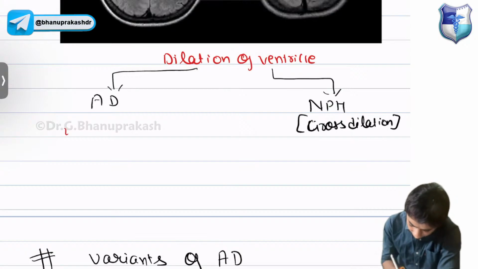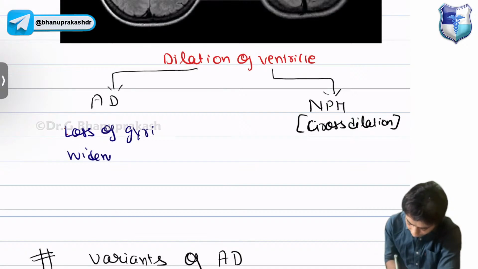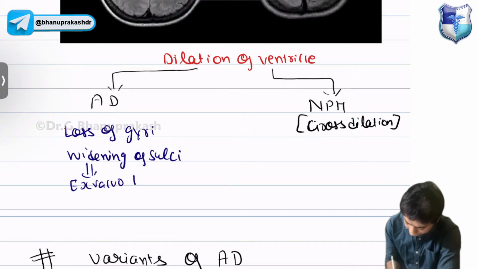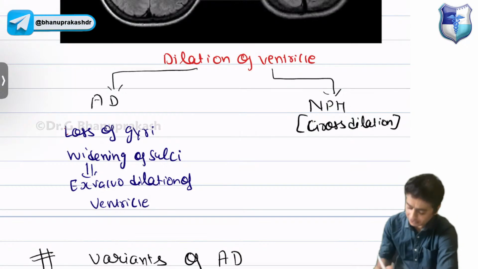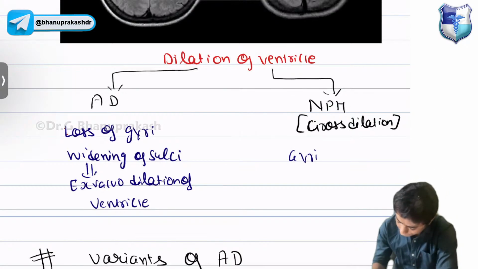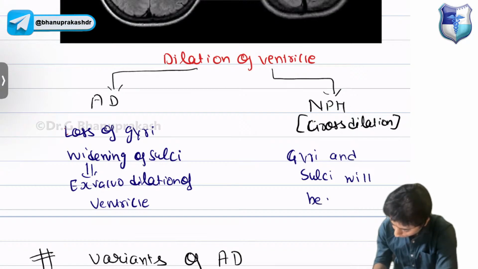In Alzheimer disease, there will be loss of gyri and widening of sulci, and it results in ex vacuo dilatation of ventricle. But in NPH, your gyri and sulci will be normal.